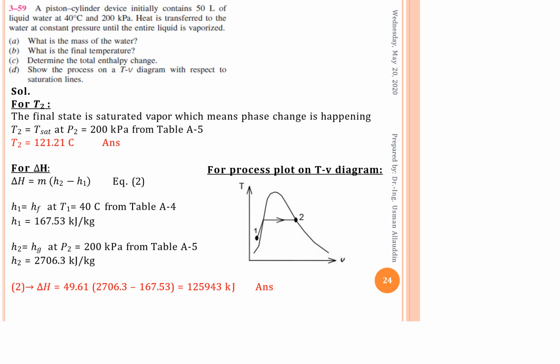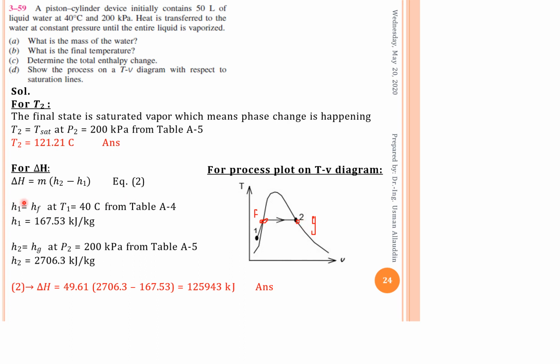By the graph from here and here, this is our G, this is our G, this is our F. So we have our compressed region. All the values you will be seeing in state 1 as VF or HF, while in state 2 all the values we will see in the table will be VG or HG.